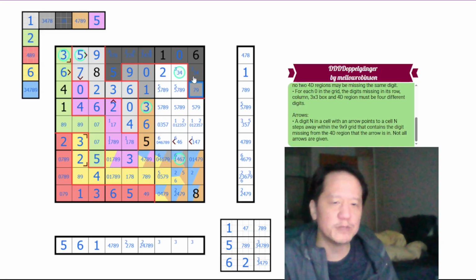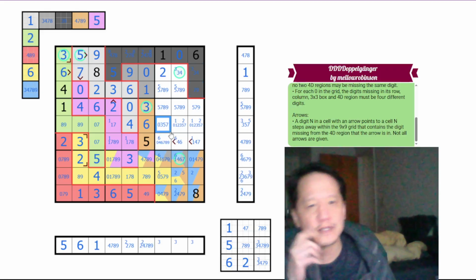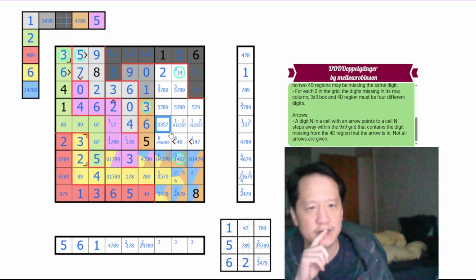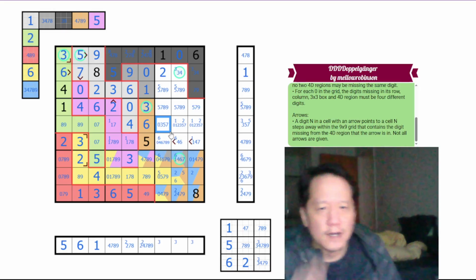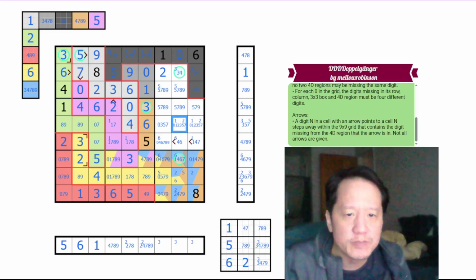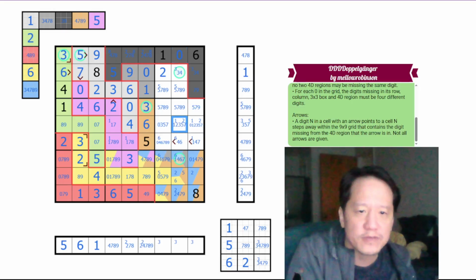So we must be missing a 3 or a 9 in the dark region then, because we have to have the set of 2, 4, 7, 8 guaranteed. 0 here is eliminating 0 in the rest of the column.